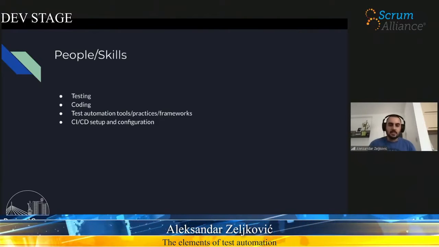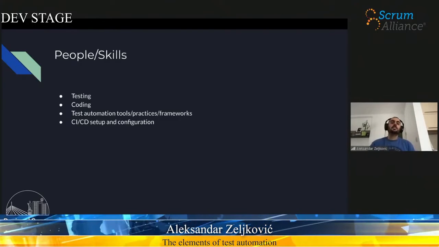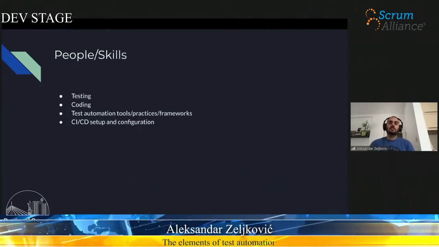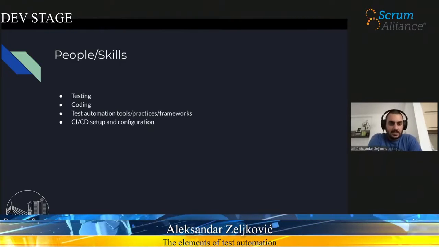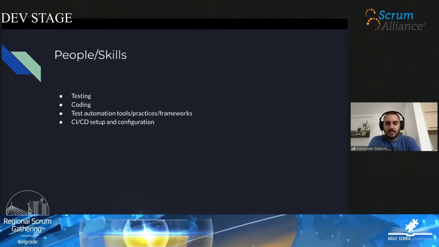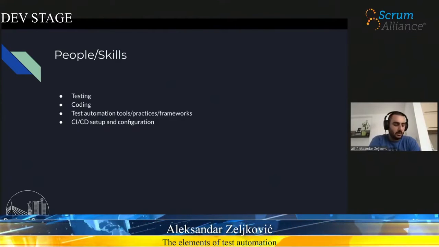So developers can do test automation as well if they have enough skills. Business people in certain cases, so it's more about skills than about people and what you call that role, basically. For foundational types of skills essential for test automation, testing, first and most important, of course.